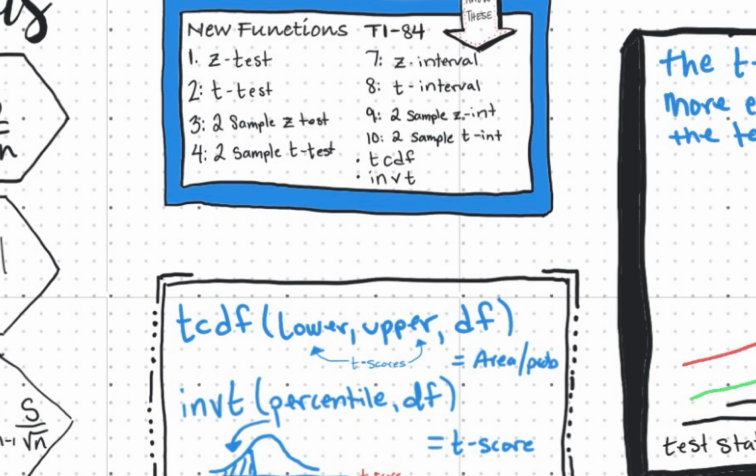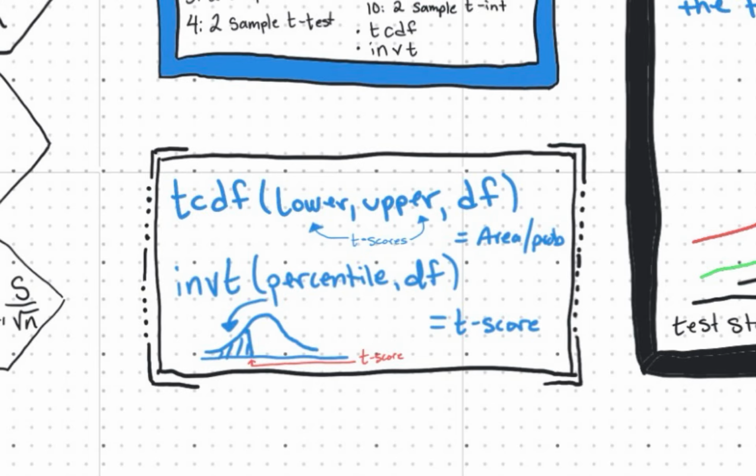Inverse T requires the percentile. I don't think they've updated the new calculators to have left, right, and center. If they do, then it works the same as before. I don't think it does. Maybe they updated it. So you'll have to put in the percentile. Notice the picture I've got down at the bottom. I wrote this because the percentile of a distribution is always the area to the left.